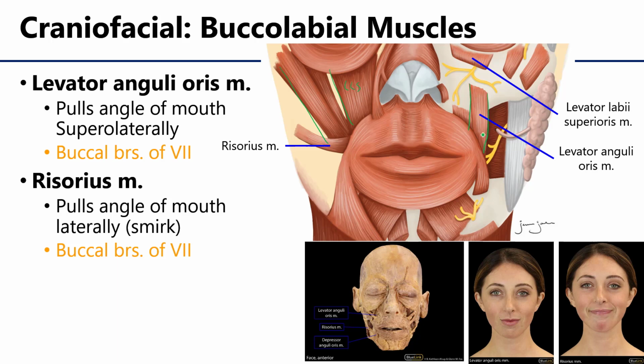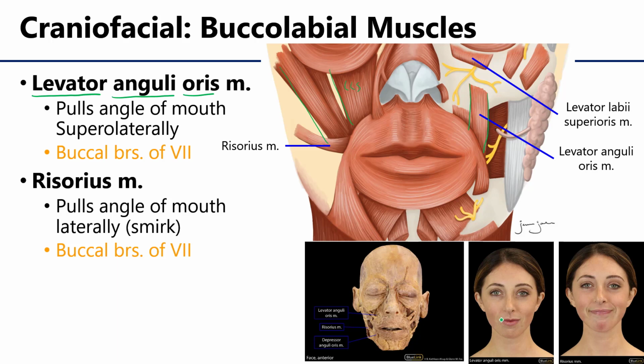So let's dissect that name, shall we? Pun intended. Levator means something that elevates. Anguli is the angle of the mouth. So levator anguli oris is going to elevate the angle of the mouth. So it tugs the modiolus superolaterally. Levator anguli oris is innervated by buccal branches of the facial nerve.